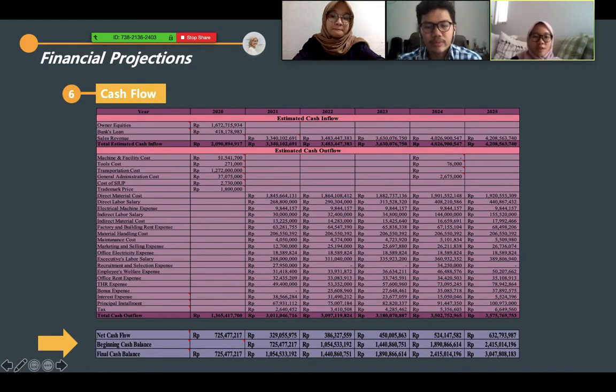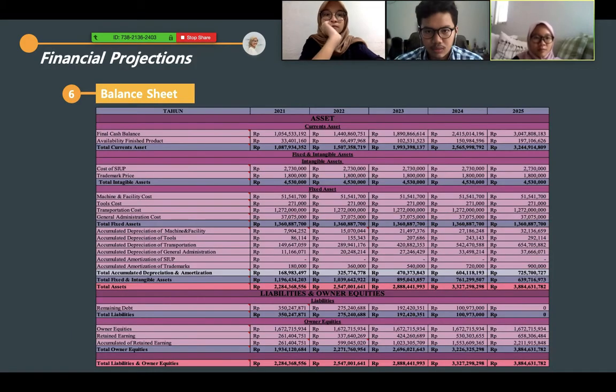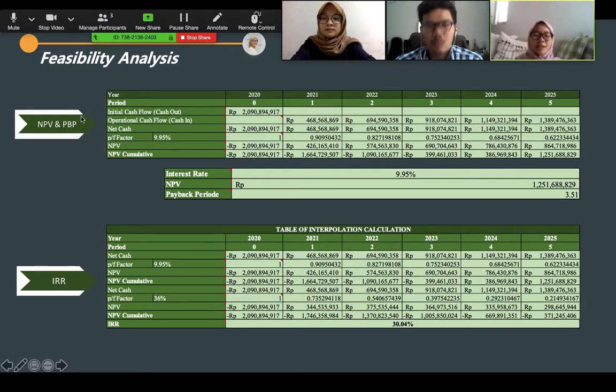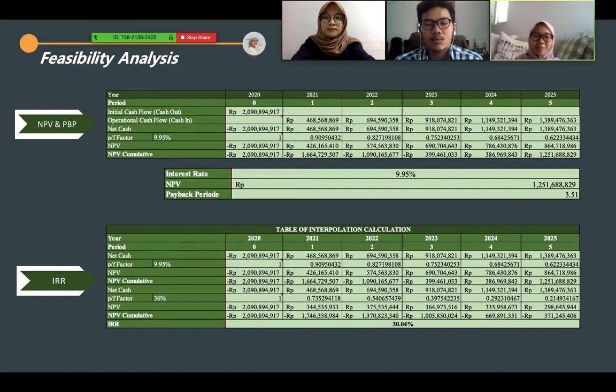Okay, so this is our cash flow, and this is our balance sheet. If the asset is the same value as the liabilities and owner equities, it means that our calculation is balanced. For the feasibility analysis, we use three methods. First, the NPV and PBP.